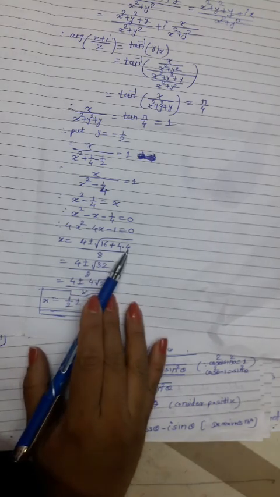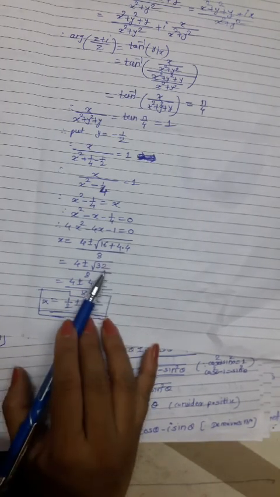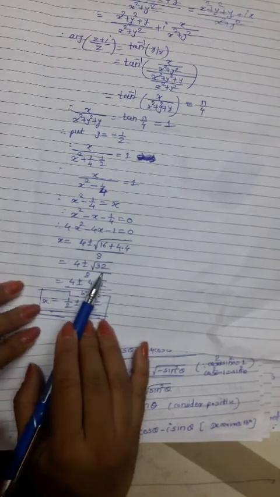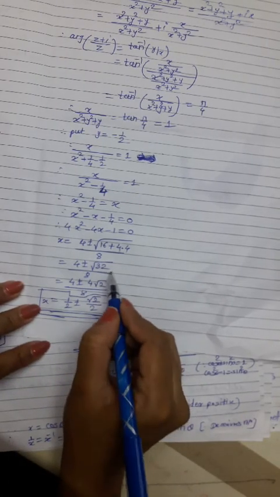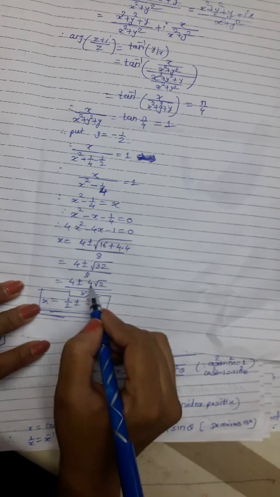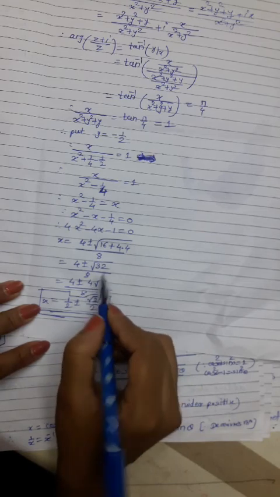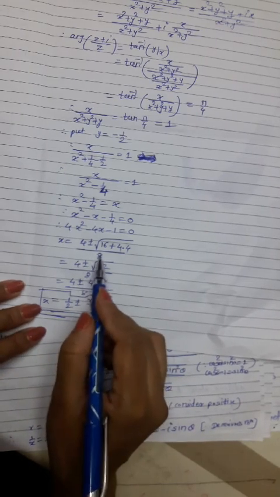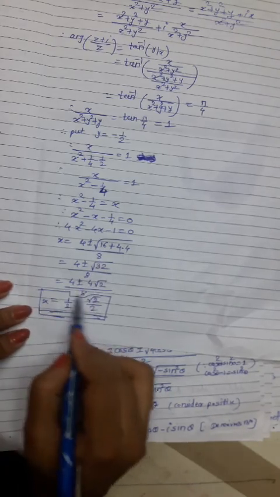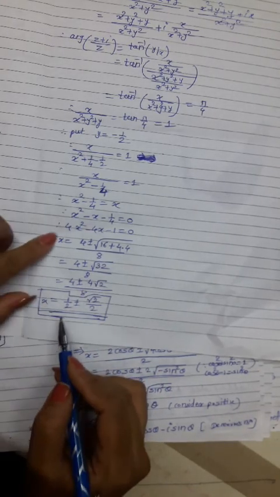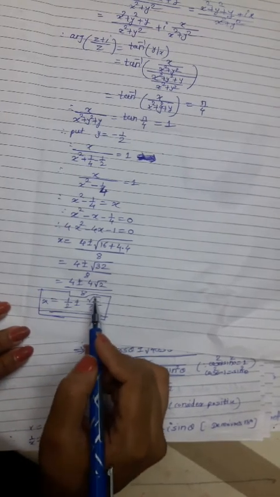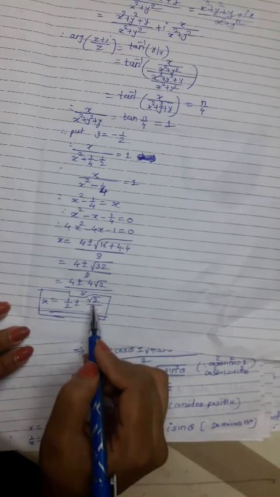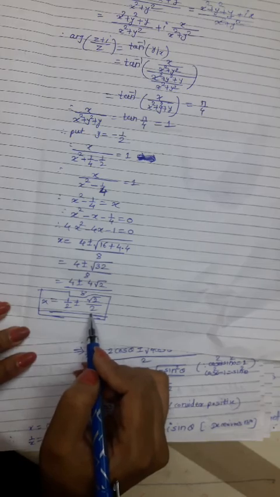Now this becomes 16 plus 16, 32, and 32 is 16 into 2, 16 goes outside by taking root, 4 under root of 2. This 4 as it is, divided by 2a, that is 8. Now separately divide, we get x is equal to 4 by 8, that is 1 by 2, plus minus 4 root 2 by 8, that is root 2 by 2.